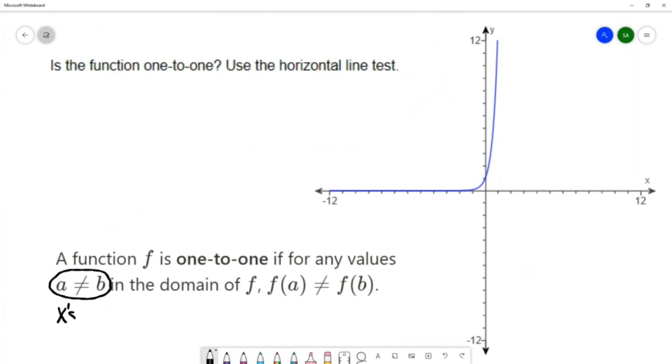So we've got two x's, and we've got the not equal to symbol there. So these x's are different. And then over here we have f of a and f of b. These are y values with a not equal to symbol, and the y's are different.